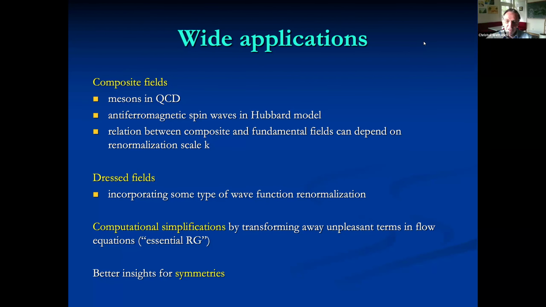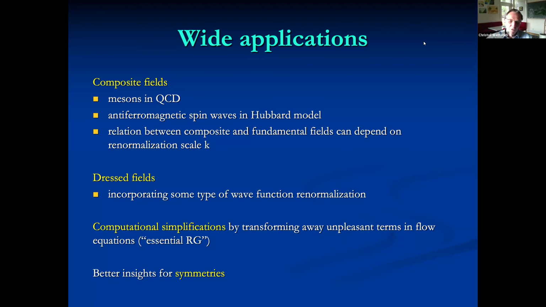It is promising, but it's also dangerous. And about these dangers, I will talk today in order to make you a bit aware of what I think one can do and what one should perhaps better not do when one transforms away couplings.